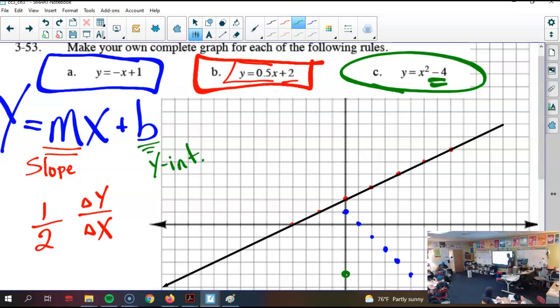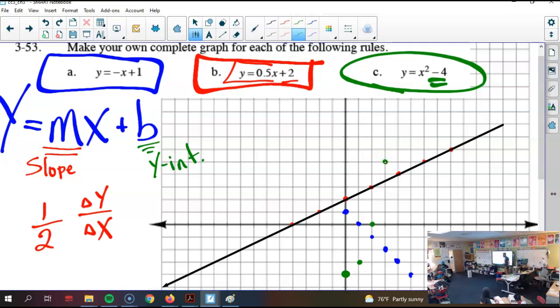Oh, that's silly. -4? -3. What's 2 times 2? 4, minus 4? Ooh, whoa, that's a jump. When x is 3, what's 3 times 3? 9 minus 4? 5.